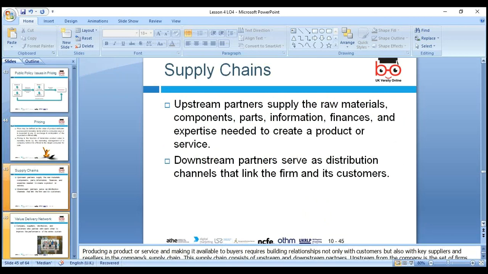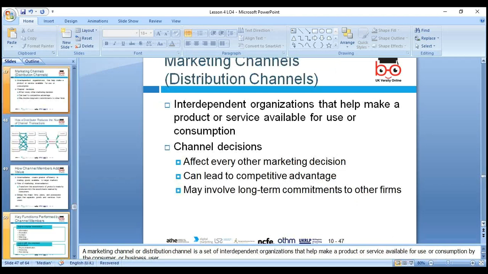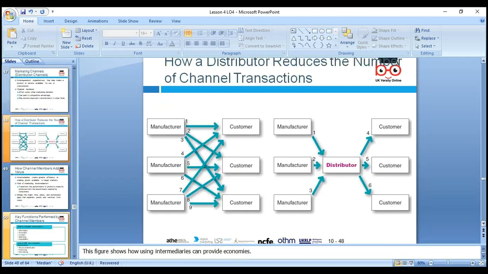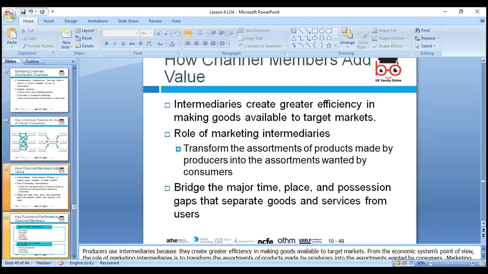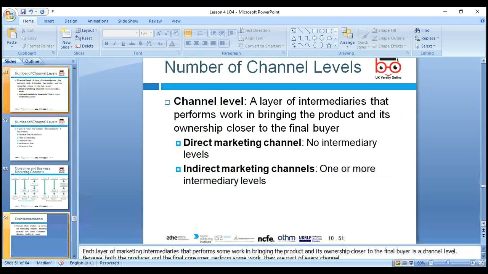Okay, next we're looking at place. Place is about the chain and different distribution channels, like manufacturer A, manufacturer B. We need to make sure how channel members add value: helping to complete the transaction, information, promotion, contact, matching, negotiating, financing and stocking.